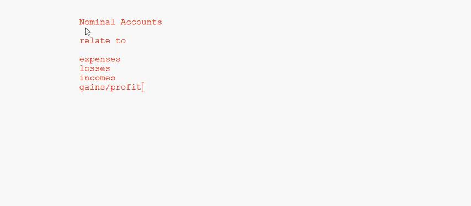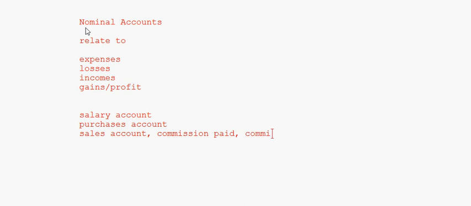So examples of these accounts are like salary account, purchases account, right, sales account, commission paid account, commission received account, right, wages account, all these things, right, and something like loss on sale of machinery or these things, right.